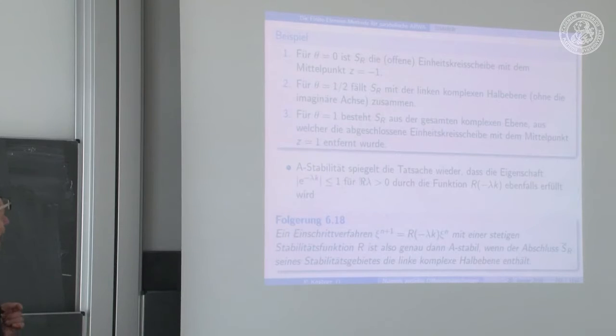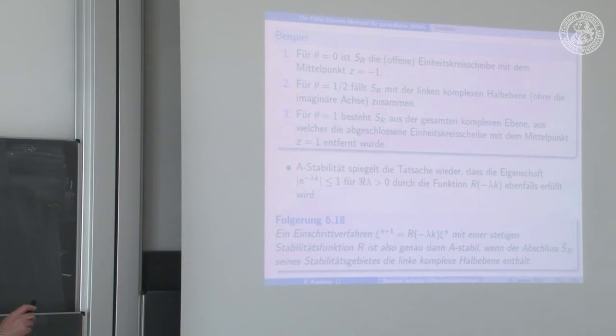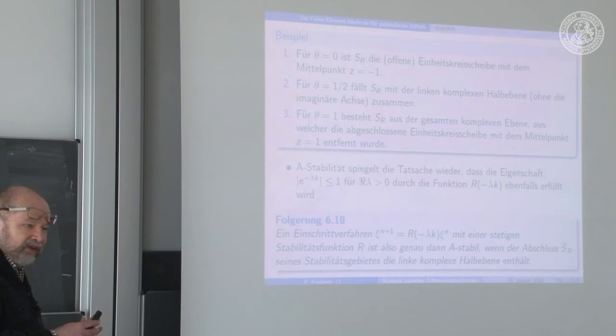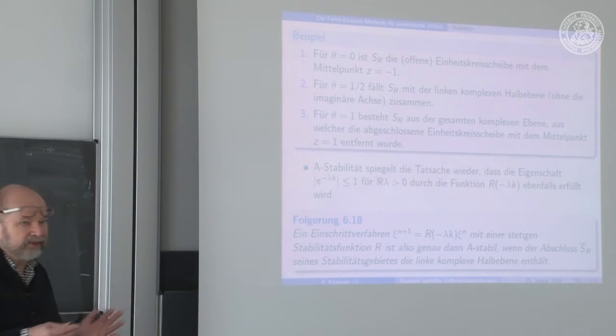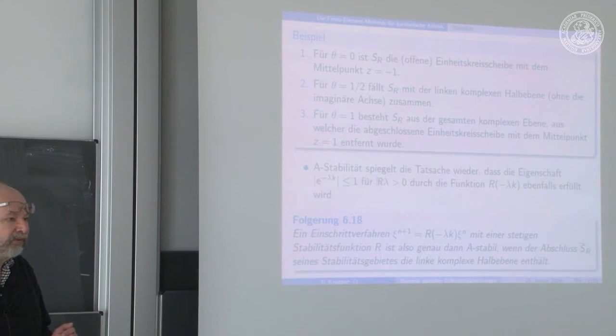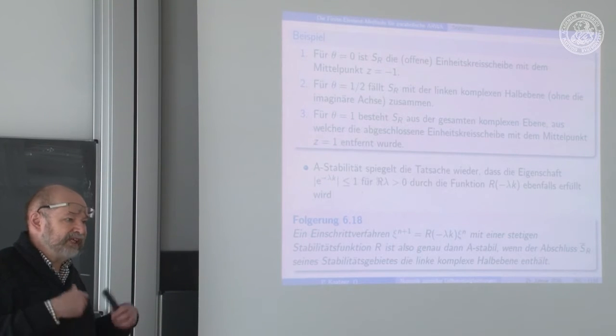Then A-stability means that the negative half of the complex plane has to belong to the domain of stability. If we look at our methods, and you will hopefully work this out in the exercises, we see that for theta equal to 0 we don't have A-stability, because only the unit disk belongs to the stability domain. For theta 1/2 we have exactly the left-hand side of the complex plane, and for theta equal to 1 we even have more, which is on the one hand not forbidden, but it also shows that there is damping.